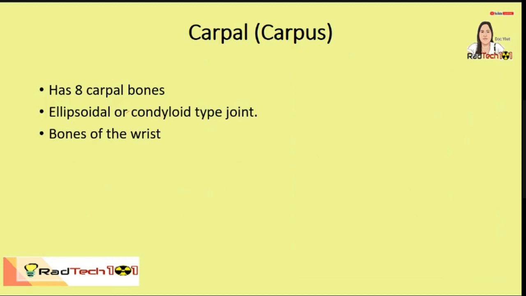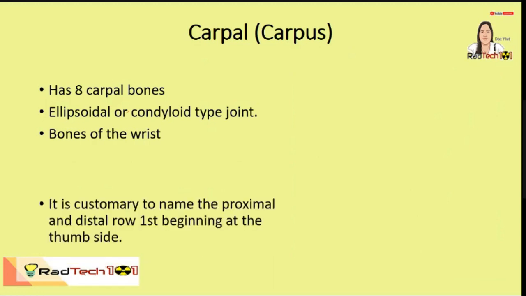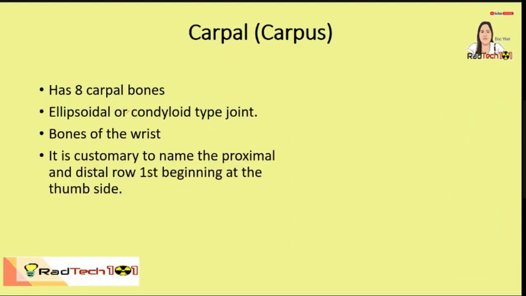So later may picture, nakita nyo naman kanina yung shapes nila. So they comprise the bones of the wrist. So it is customary or usual to name the proximal and distal row first, beginning at the thumb side. So again, when we count for the bones sa hand, we start sa side of the thumb.